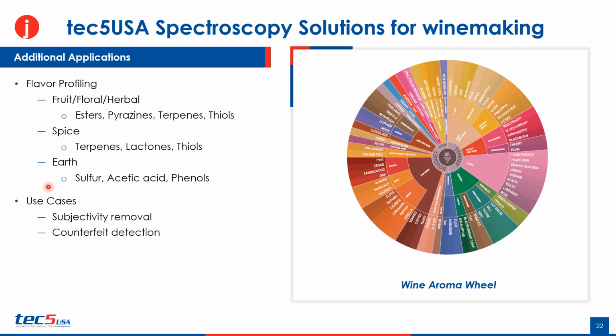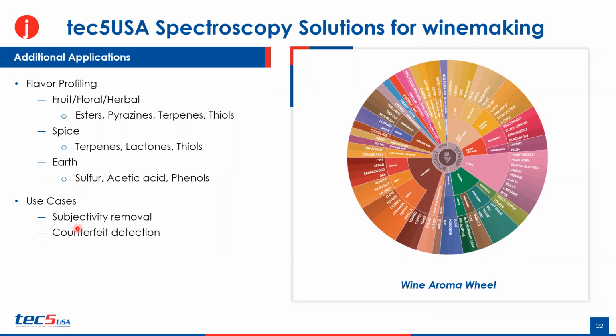Some of these use cases for flavor profiling are not limited to, but can include, subjectivity removal. So ultimately, being able to have a conclusive idea of what the aroma or flavor profile of your wine is going to be, and you can do that without having to really taste the wine or perform these very intricate taste testings.